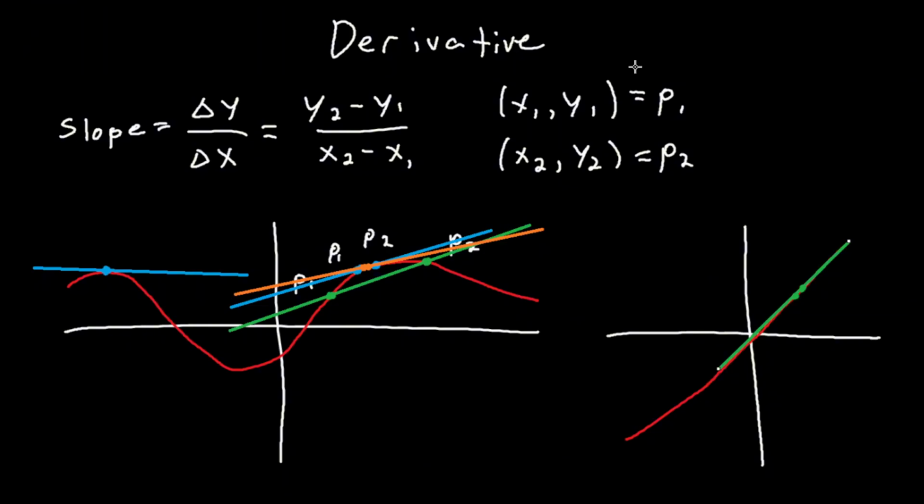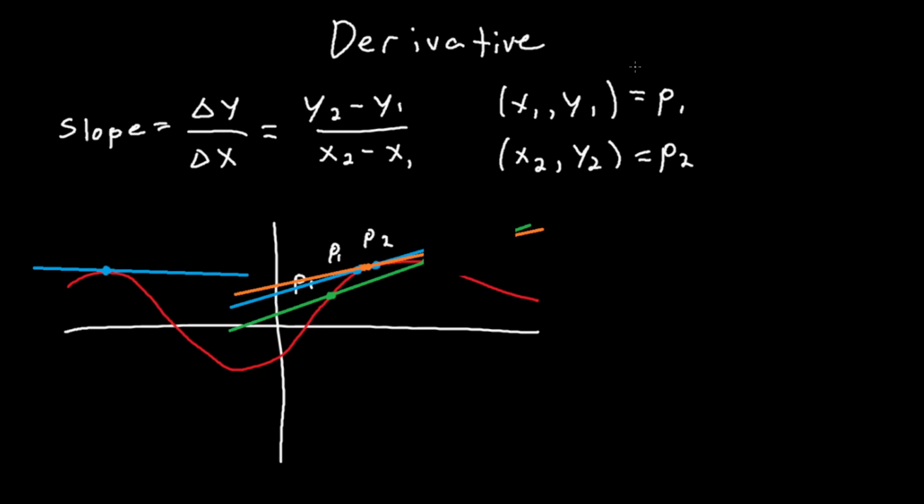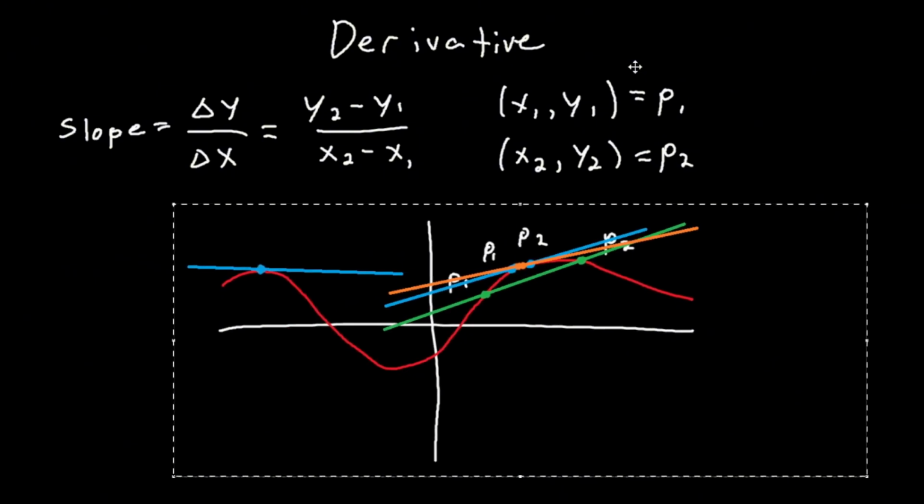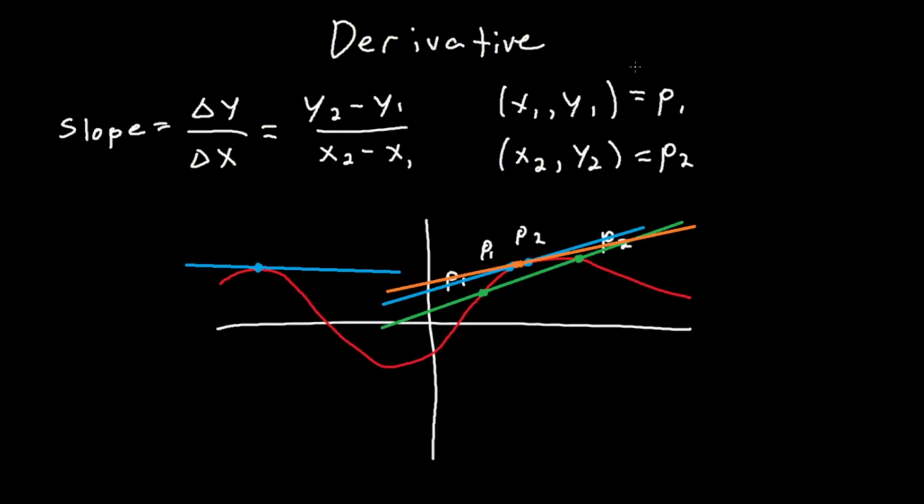Since this line is linear already, the tangent line is just the line itself. So the derivative of a straight line is just the slope of your line. But the point of derivatives is to measure curved lines. So genuinely, the tangent line does not matter for linear lines; the derivative is just equal to the slope of the line itself.